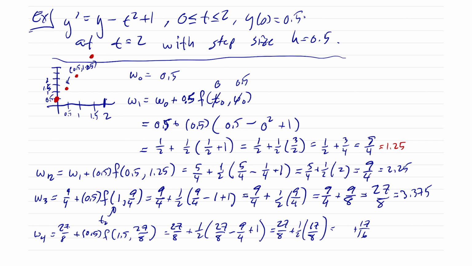And 27/8 is going to be something over 16, so doubling 27 is 54. So we get 54 plus 17, and that is going to be 71 over 16, I think. Yeah, I think it's right. Okay, so there we go. Piece of cake.